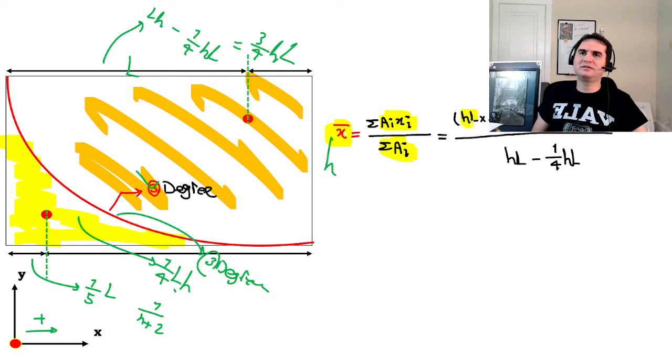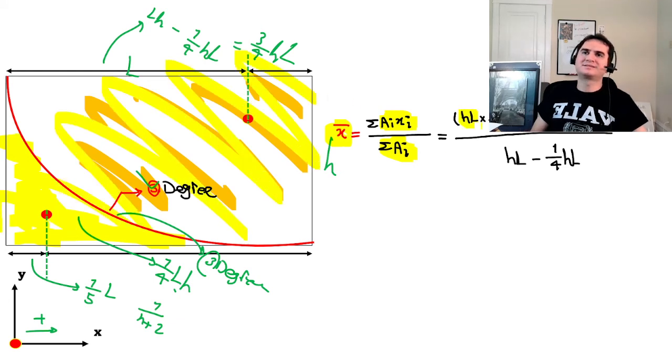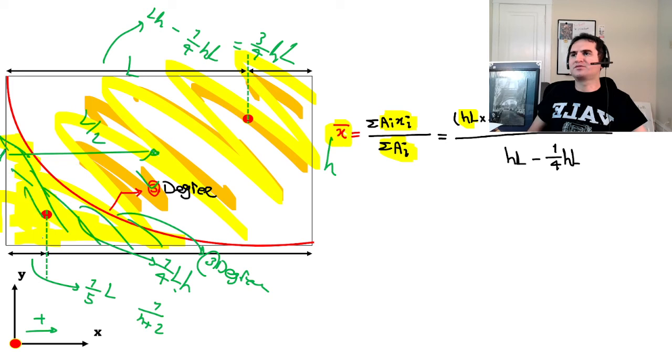That's HL, the total rectangle, times the centroid for the rectangle, which is L over 2, minus the area of this greenish area, a quarter HL, times its centroid, which is a quarter of L. And in the denominator, the subtraction of the areas, HL minus a quarter of HL.